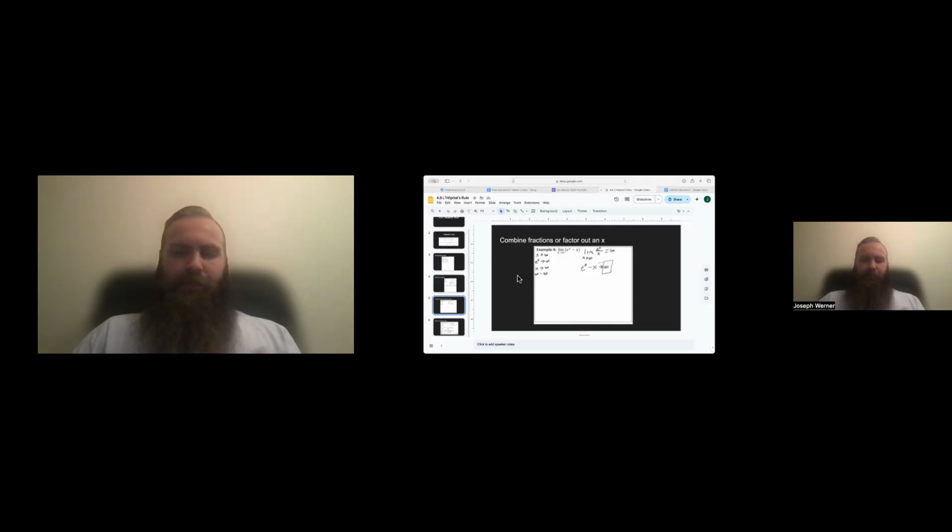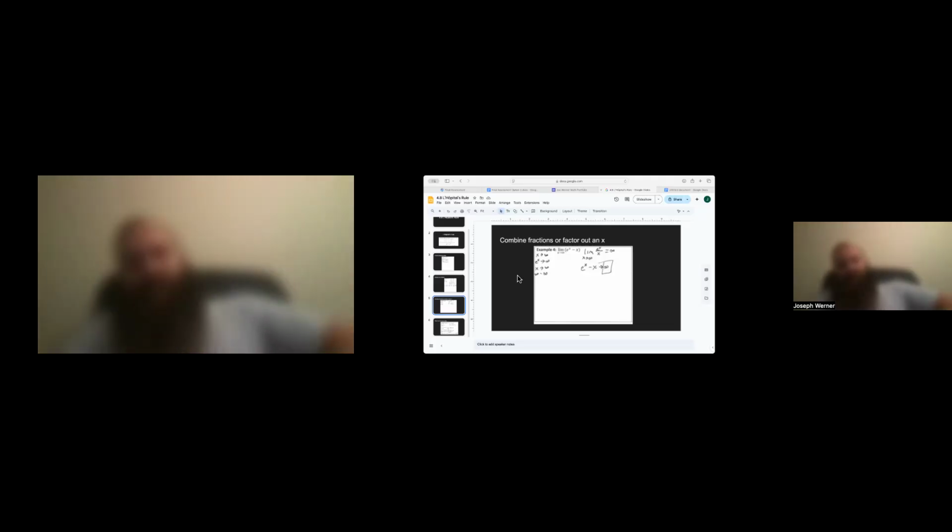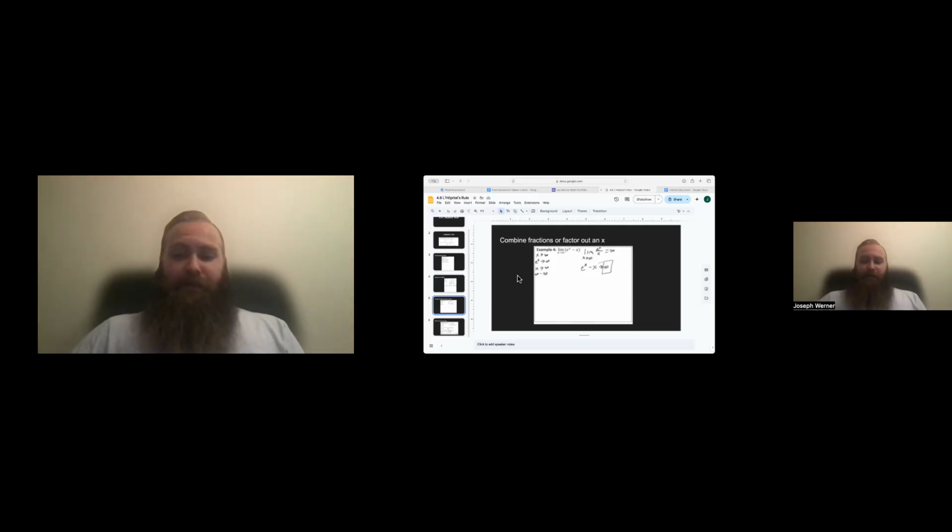So this specific example asks us to evaluate the limit as x approaches infinity of e to the x minus x. Both e to the x and x approach infinity, so this is an indeterminate form of infinity minus infinity.